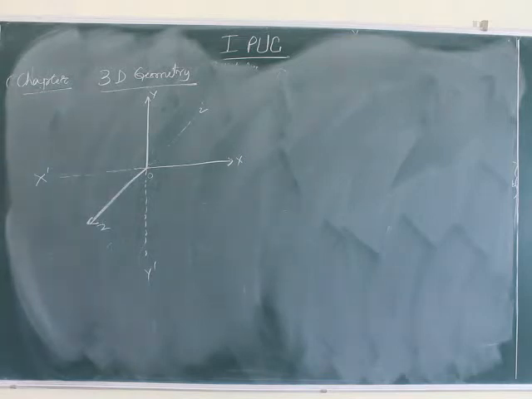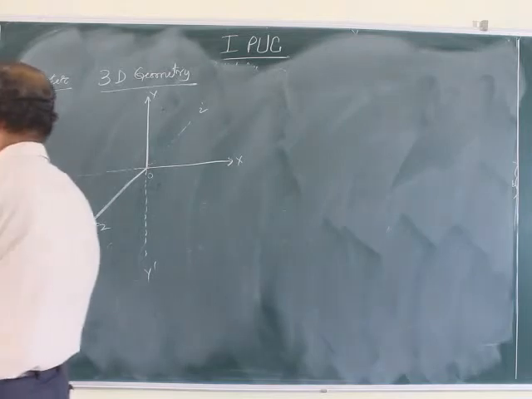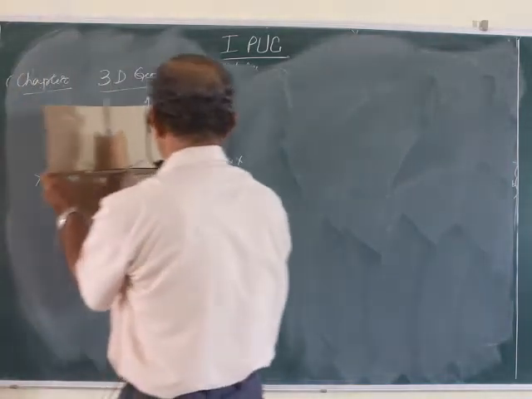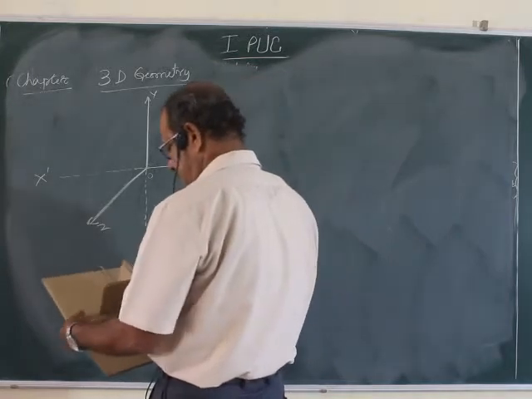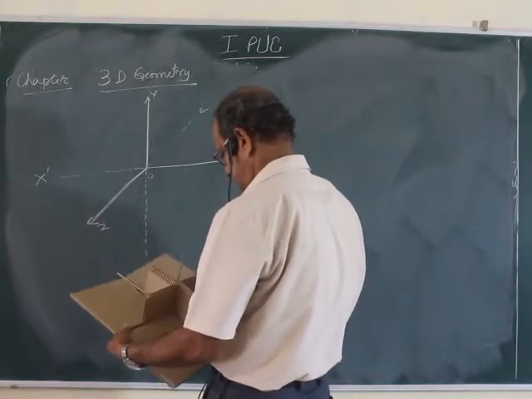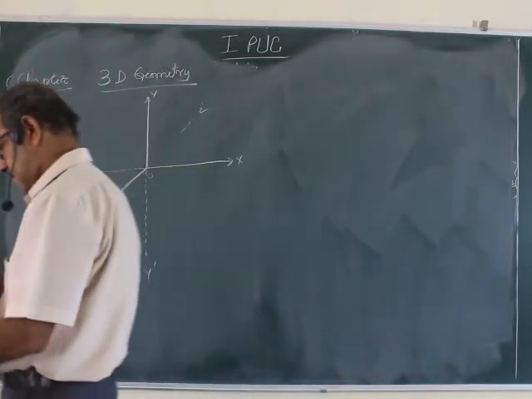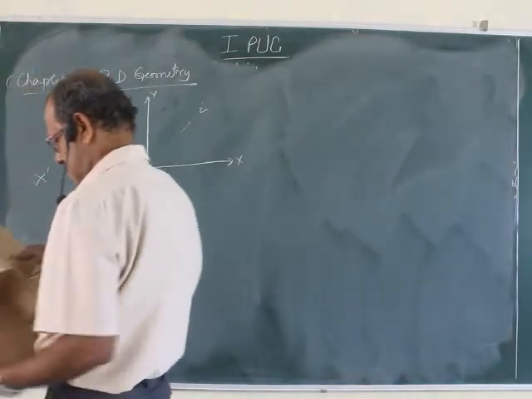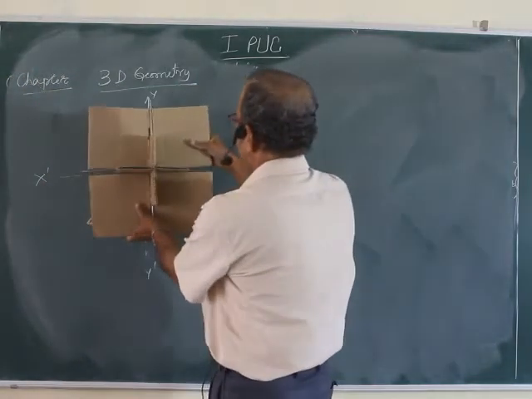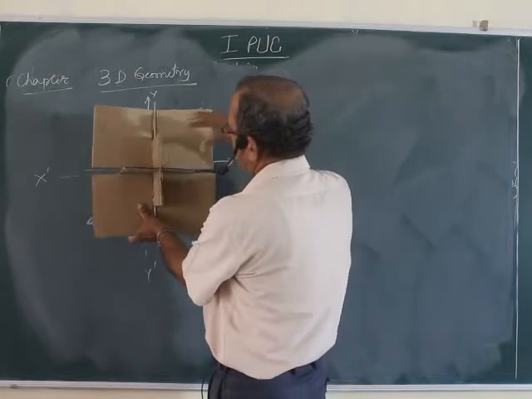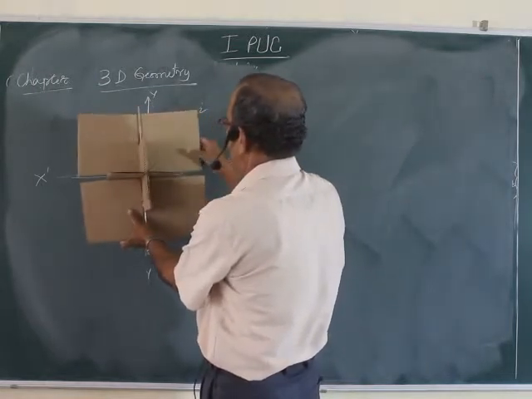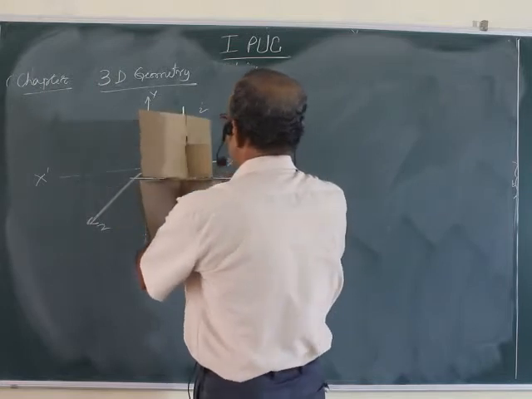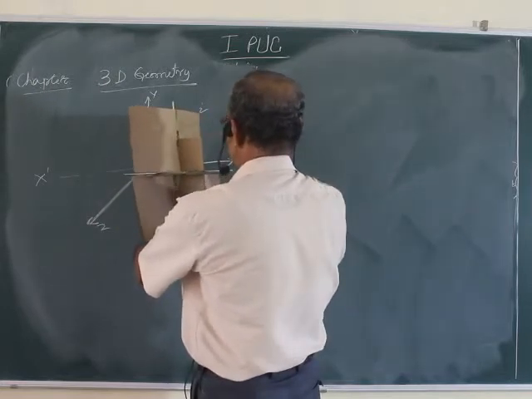Very difficult. Can you see that one? Now see, 1, 2, 3, 4. Back side similarly to that. 5, 6, 7, 8.